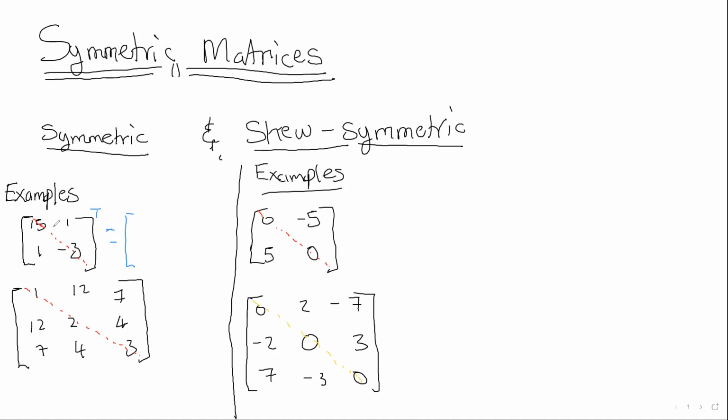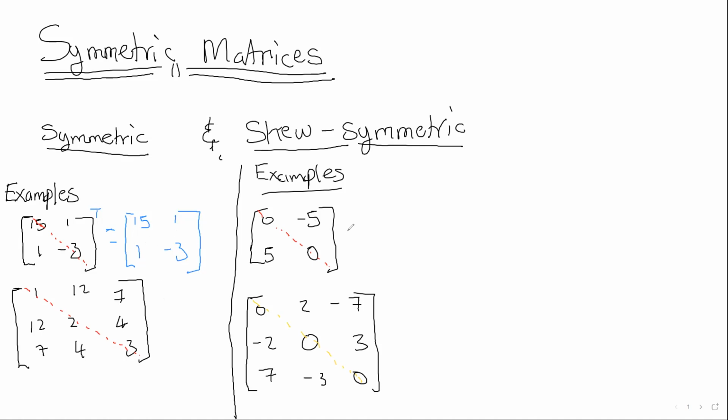Transpose, I'm taking the rows to columns. This row I'm making it a column, so 1, 5, 1. Then I come to the second row, I make it a column, 1 minus 3. You see, it's the same thing, right?